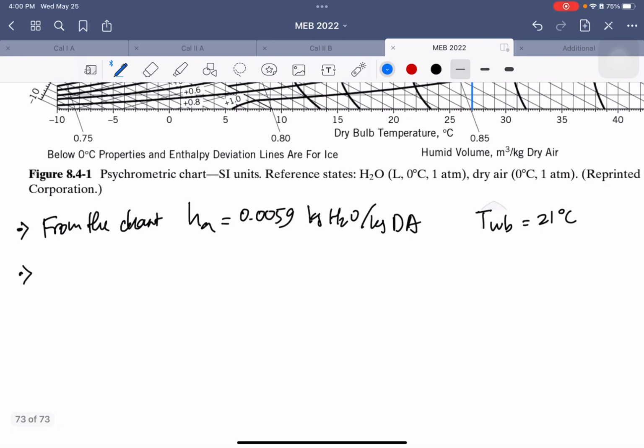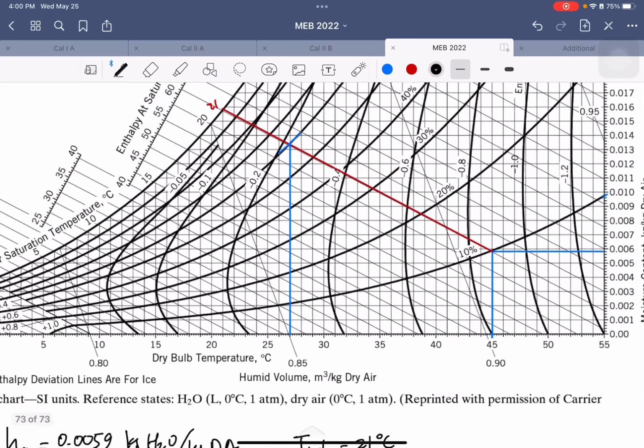So when we have wet bulb temperature 21 and relative humidity 60%, the temperature of dry bulb that we are going to have is around 27 degrees Celsius.